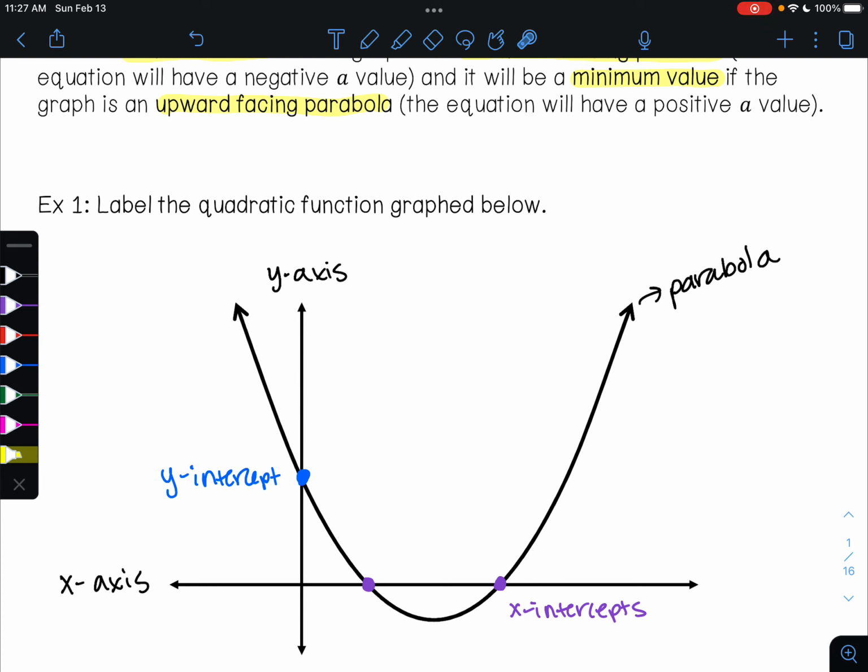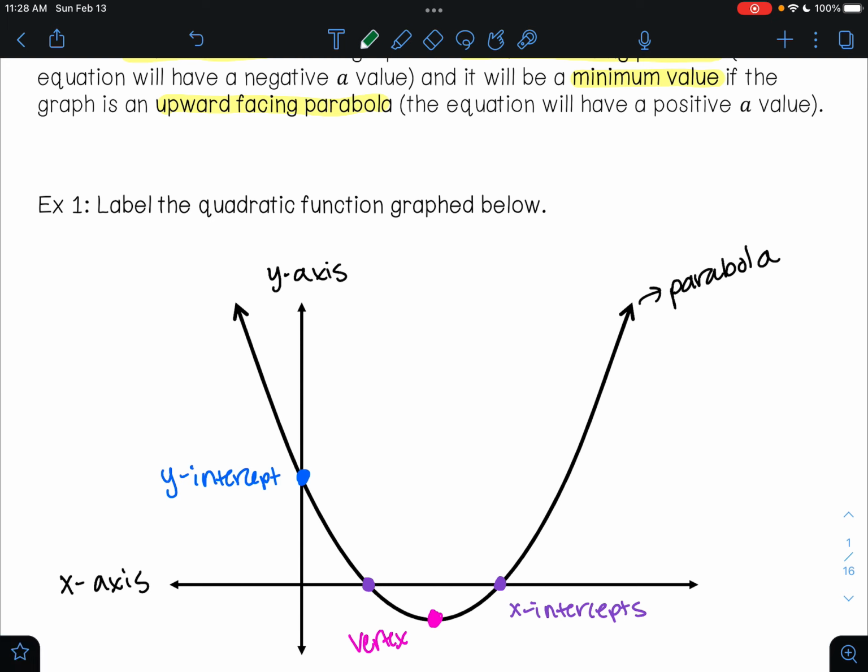This turning point is known as the vertex. And then line of symmetry and axis of symmetry, they mean the same thing. The line of symmetry is a vertical line that goes straight through your vertex. Whenever we draw our line of symmetry, we always use a dashed line.